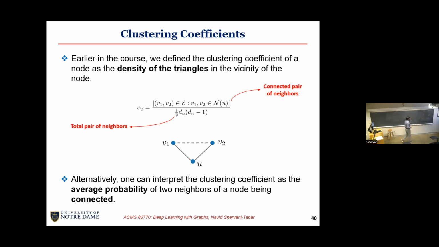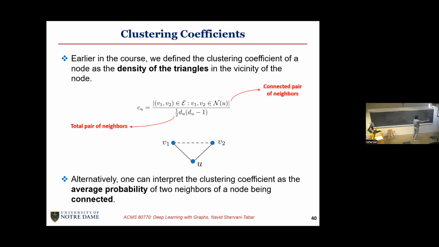To reiterate, let's say that we have a node U. This clustering coefficient essentially gives you the number of triangles in the neighborhood of that node U. The way to do that is by looking at the neighbors of node U and seeing if nodes V1 and V2, neighbors of U, are neighbors themselves as well. If they are, it constructs a triangle here.